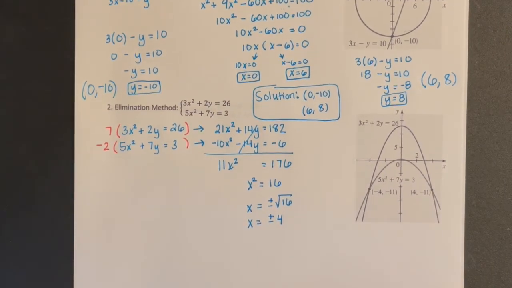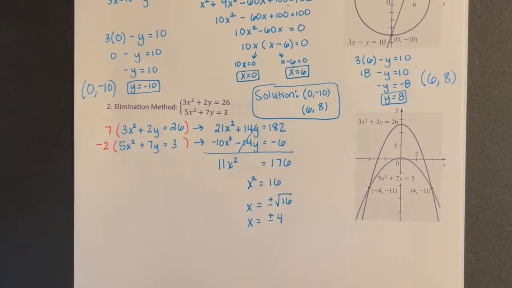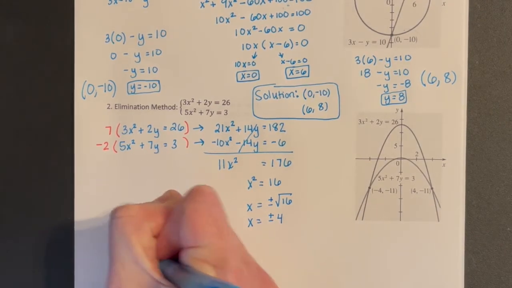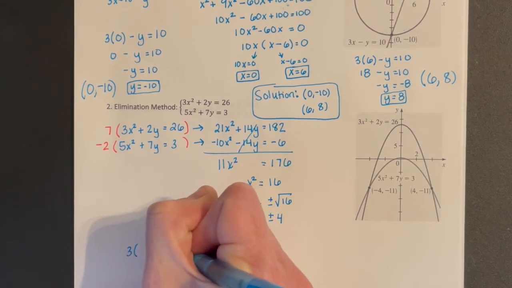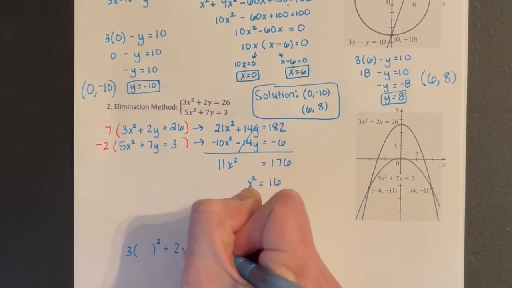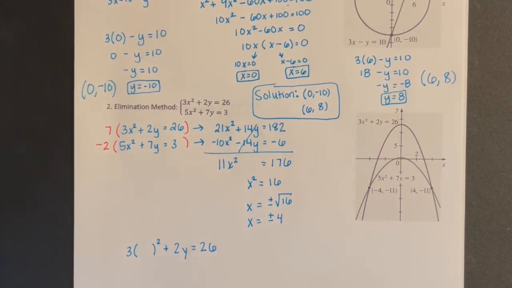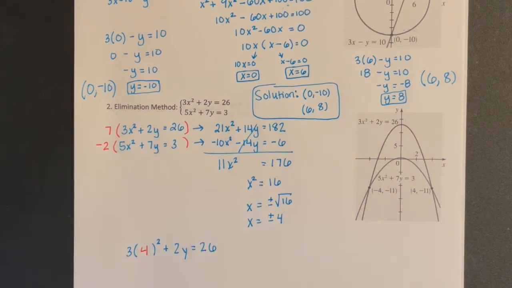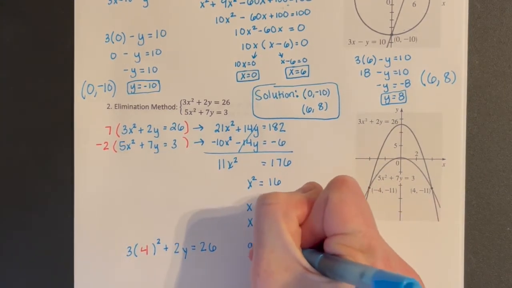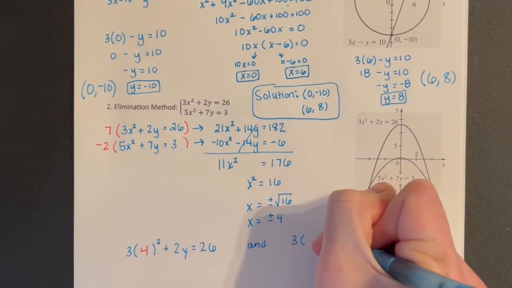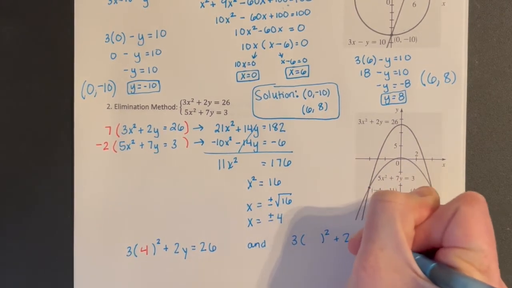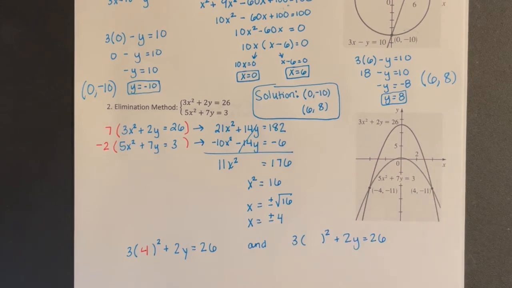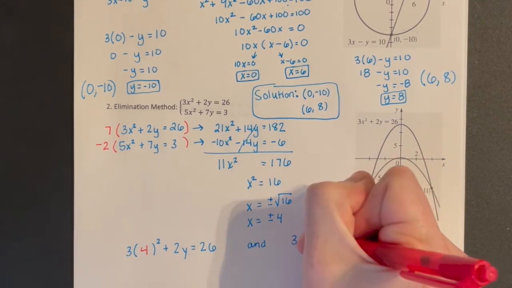Now I need to find the y value that's associated with each one of them. So let's say I have 3x squared plus 2y equals 26. One of those x's is a positive 4.